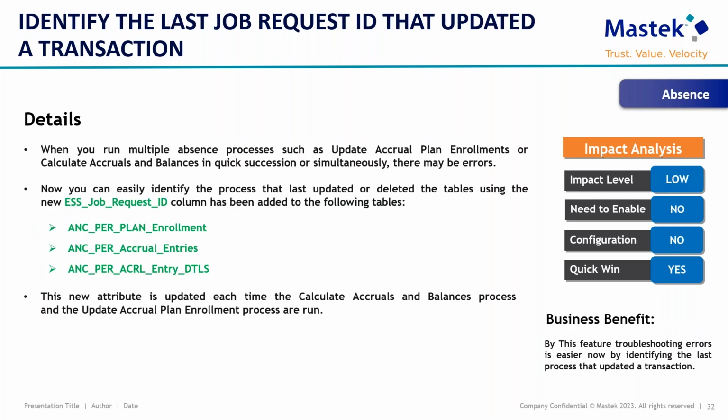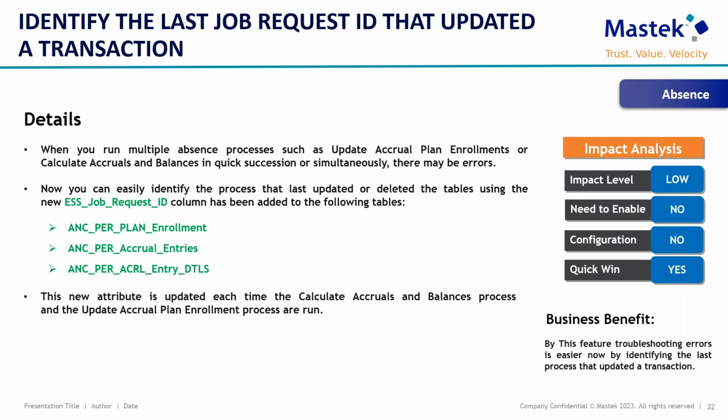The next feature is identify the last job request ID that updated a transaction. By introducing this last job request ID for 3 specific tables which are part of the absence, Oracle has tried to keep a proper track of the record.